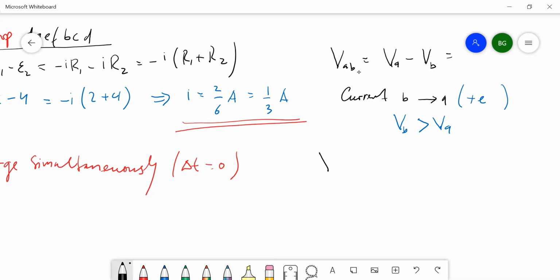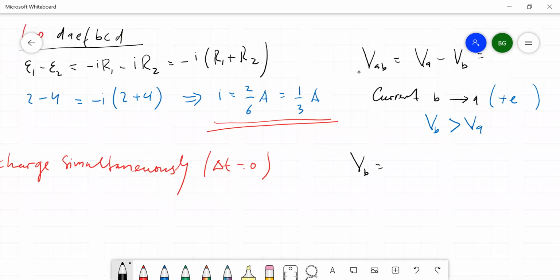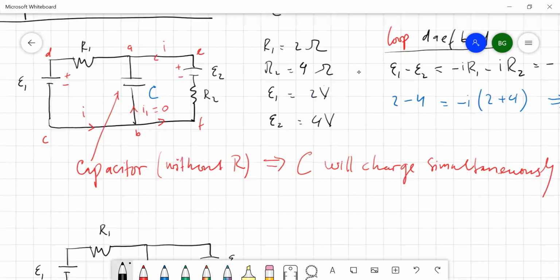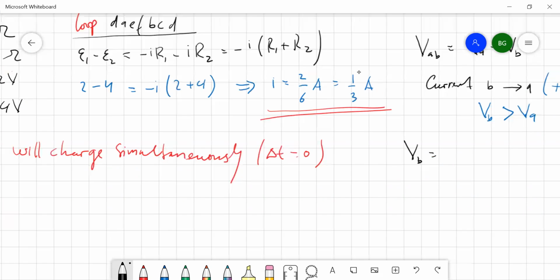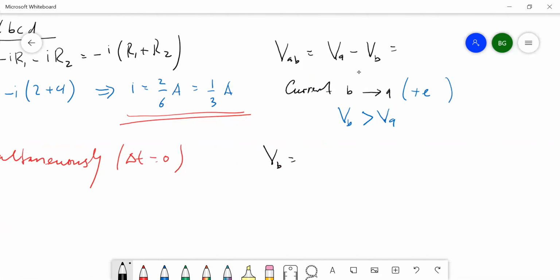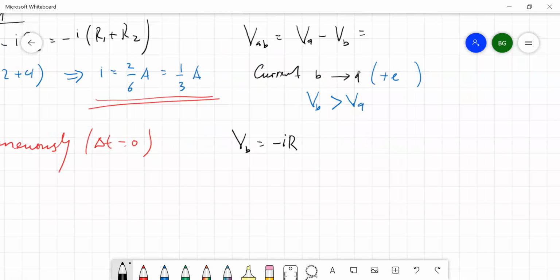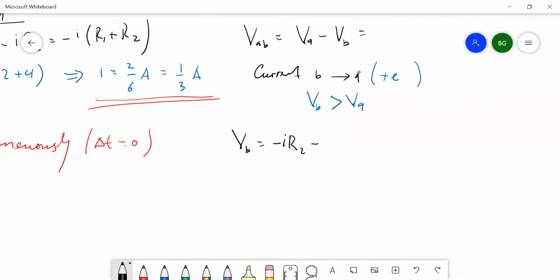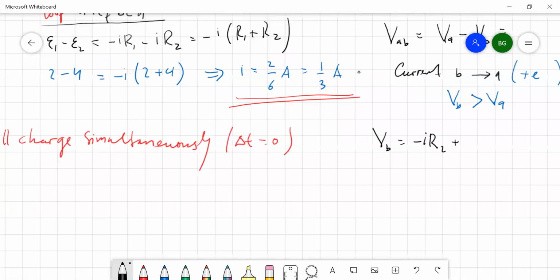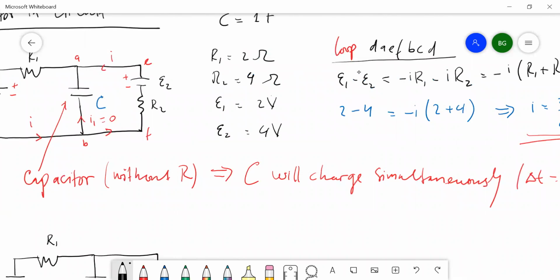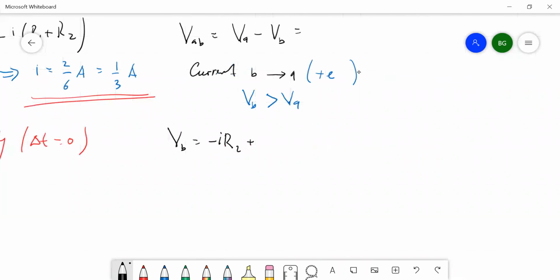Let's see, phi B equals, just like yesterday, this is minus I R2, plus epsilon 2, plus VA. Okay.